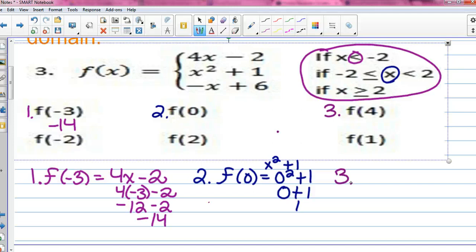Is 4 greater than or equal to 2? Yes, 4 is bigger than 2, so I'm using the one on the bottom. So f of 4 equals negative x plus 6. I'm going to plug in a 4, so that gives me negative 4 plus 6, and that reduces to 2. So this one is 2, and this one is 1.